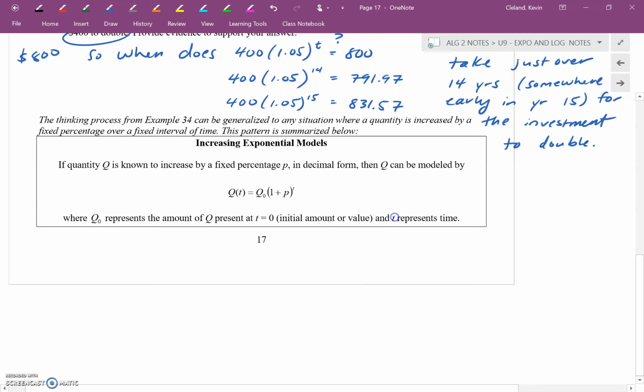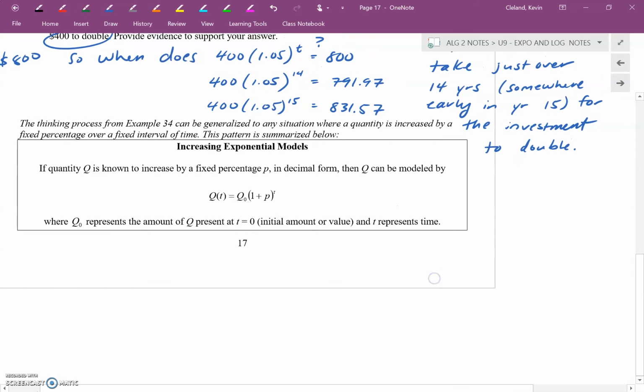Okay. Big takeaway here is that this is not unique to this scenario. This is your general guide for how to create an exponential model, an equation, or a function that's growing by a percentage. This is 1 plus p, where p is the percentage. So in our case, it was 5%.